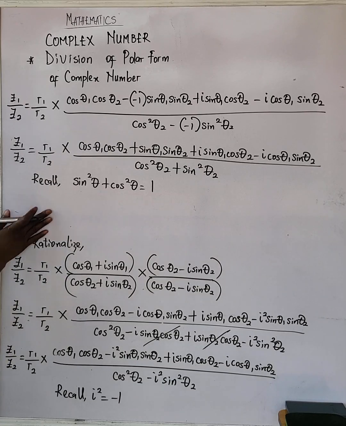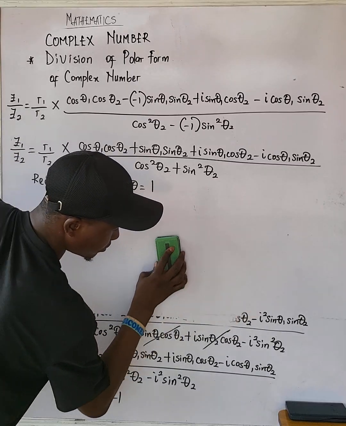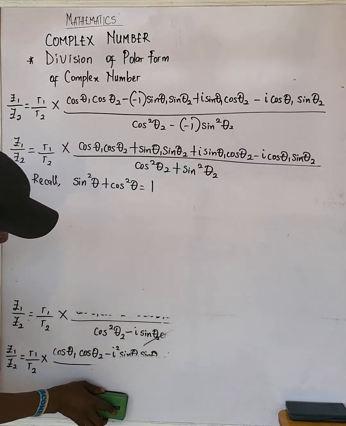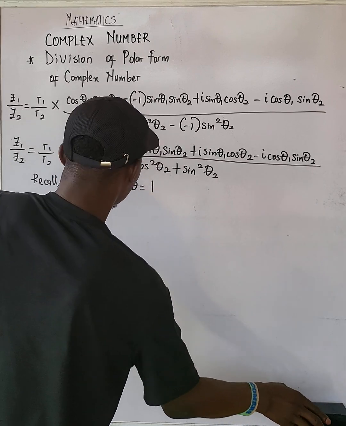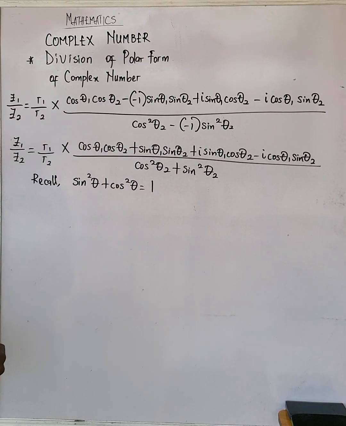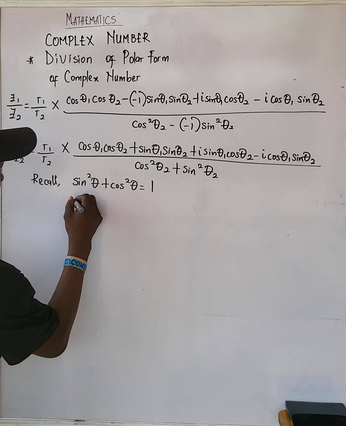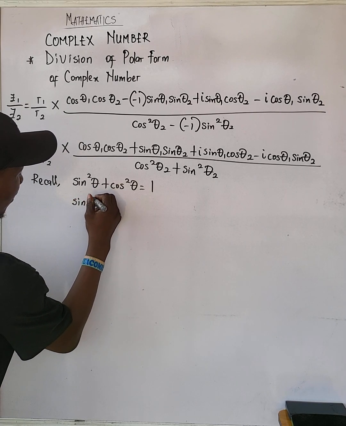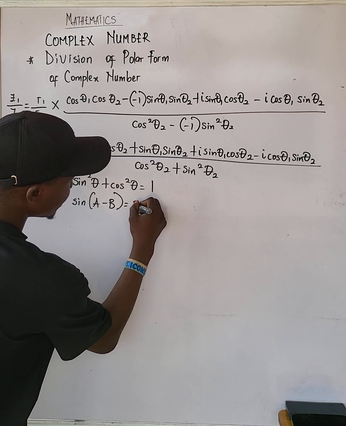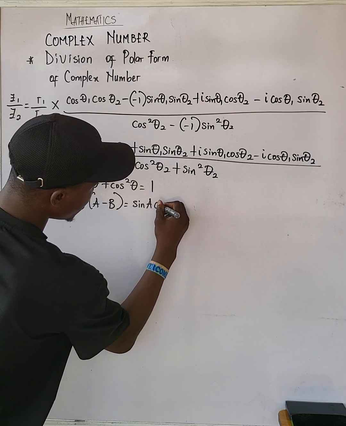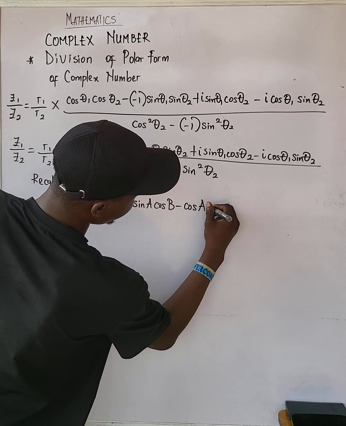Let's just recall everything at once instead of writing it twice. Recall that sin square theta plus cos square theta is equal to 1. Also recall, what is the formula for sin A minus B? It is sin A cos B minus cos A sin B, right?